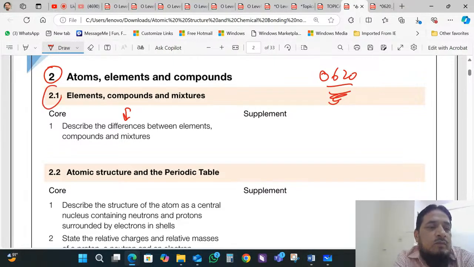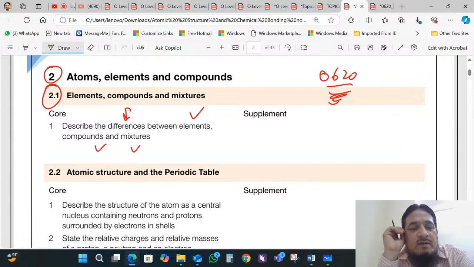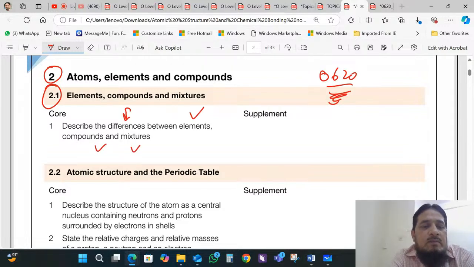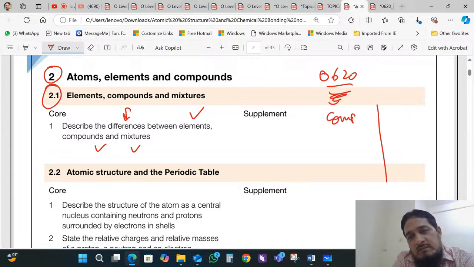So this was 2.1, in which we have to know the difference between elements, compounds, and mixtures. Basically, we should be learning more about compounds and mixtures. In a compound, say hydrogen is there, oxygen is there.